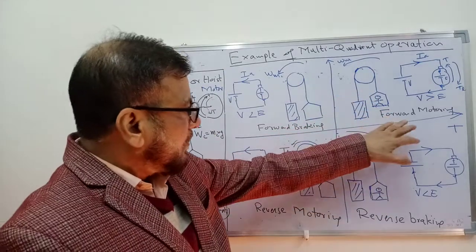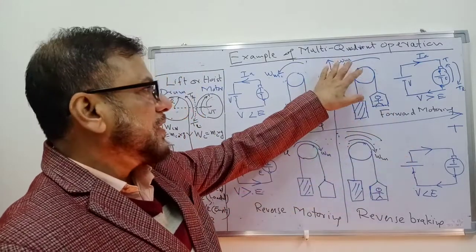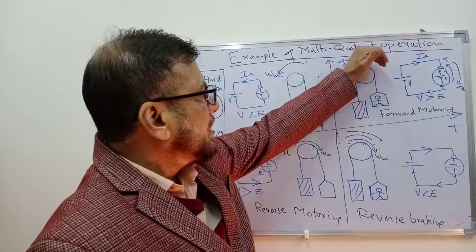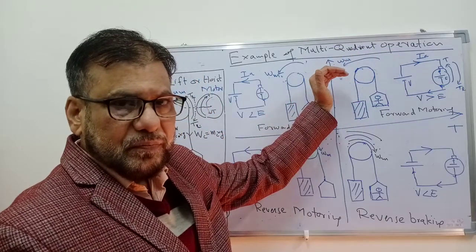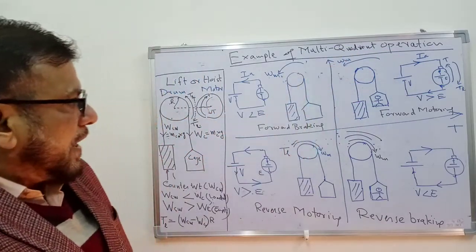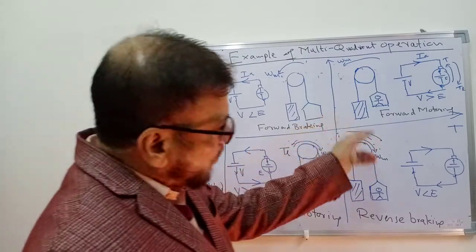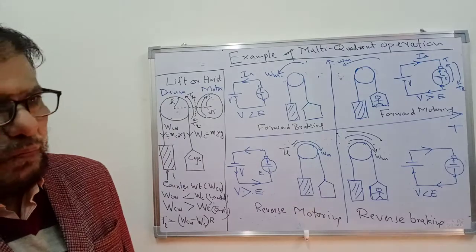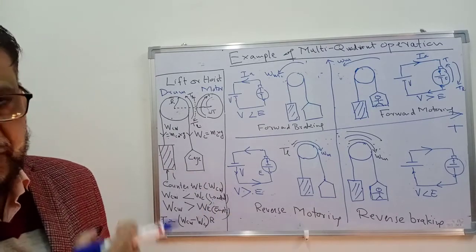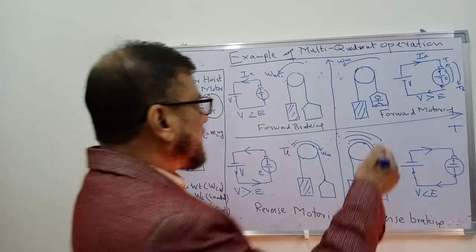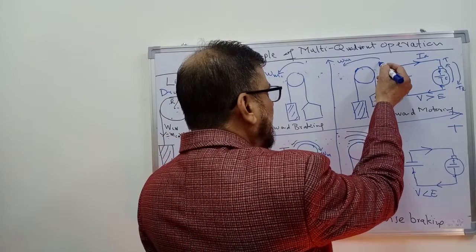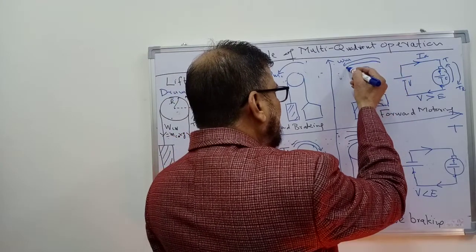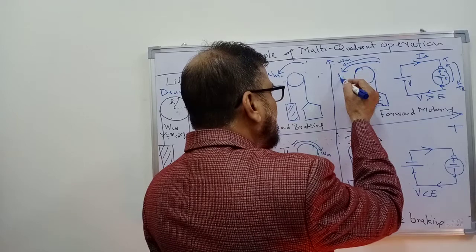So it is the first quadrant operation, speed is positive, so the speed is in this direction. And it is forward motoring operation. This means that the motor has to move the system, move the cage. This means that the motor has to exert a torque in the direction of speed.